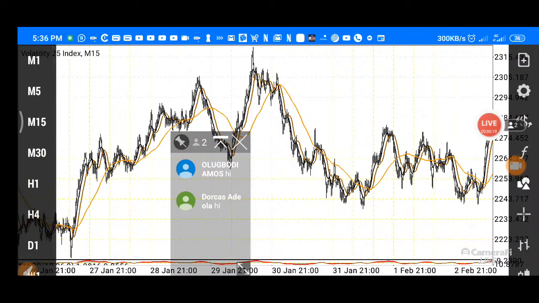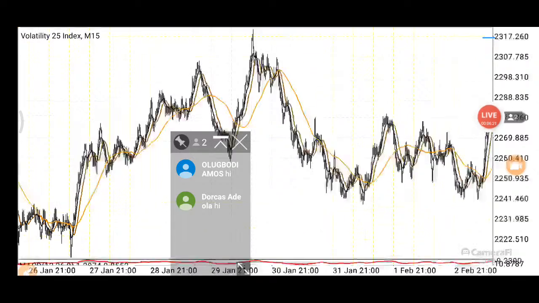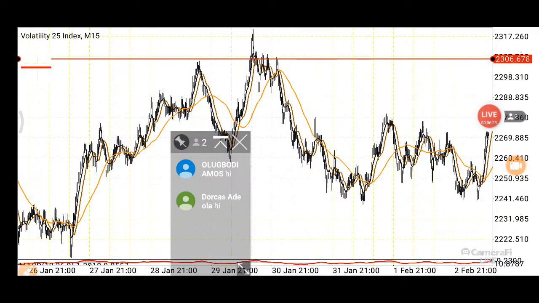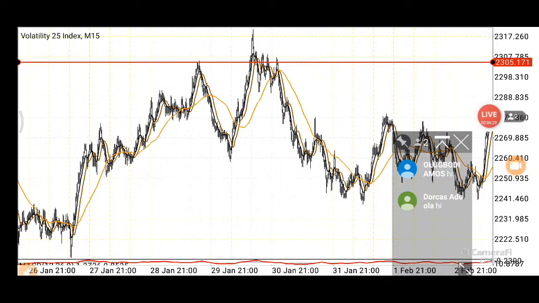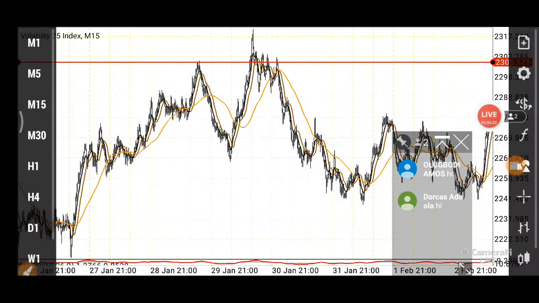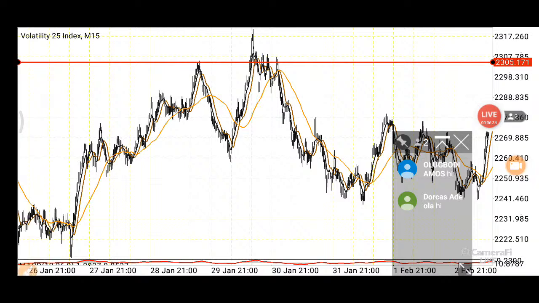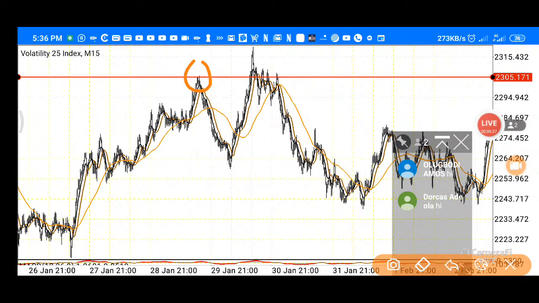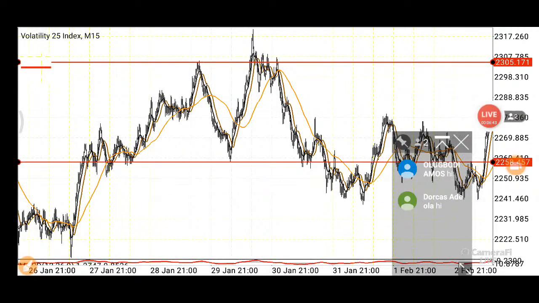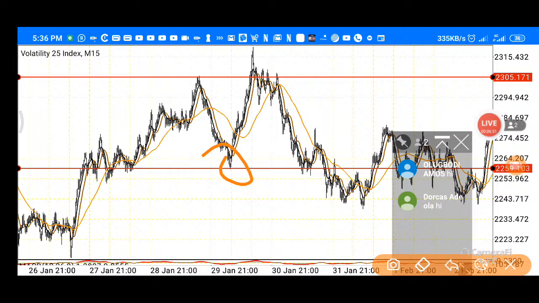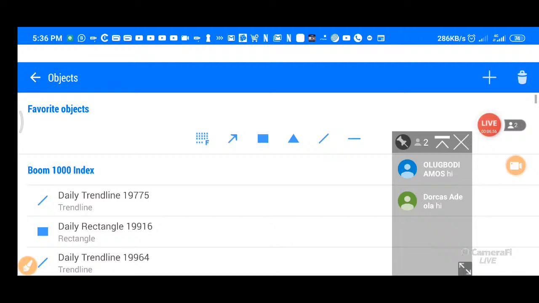What you need to do is draw out notable resistance and supports while on the 15 minutes time frame. Notable. So right now I drew this one out. That's a support level. Let's see if we can still get more.